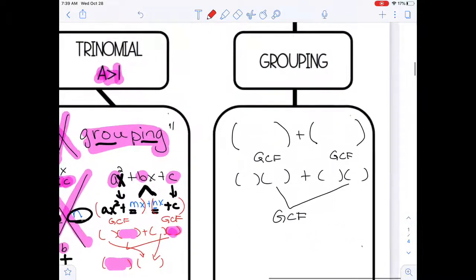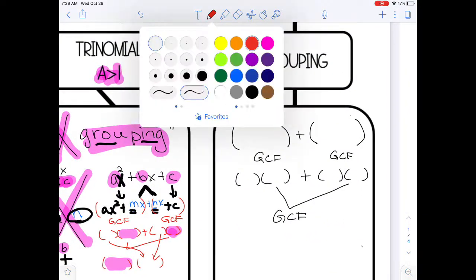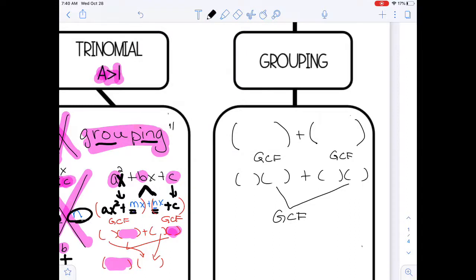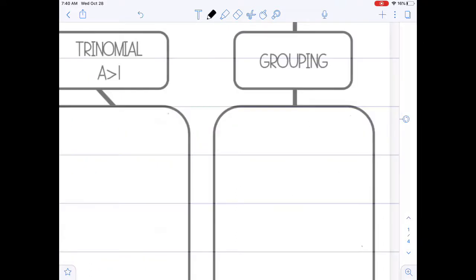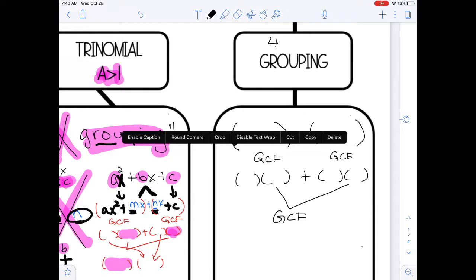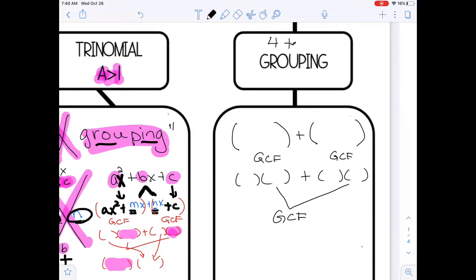And then we haven't gone over this one yet. We've kind of gone over it because of X grouping, but grouping is if we have 4 terms. So grouping is if we have 4 terms.